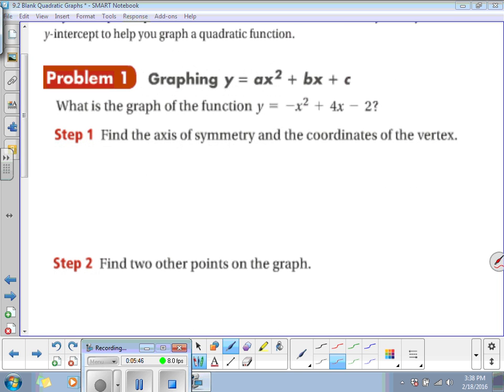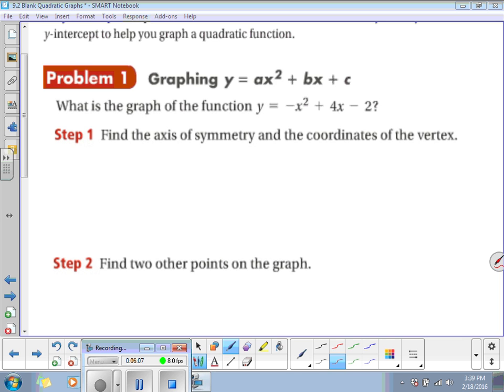All right, so we want to know what is the graph of the function y is equal to negative x squared plus 4x minus 2. So the first step here is you want to find the axis of symmetry, and then once you get the axis of symmetry, find the rest of the coordinates for the vertex.